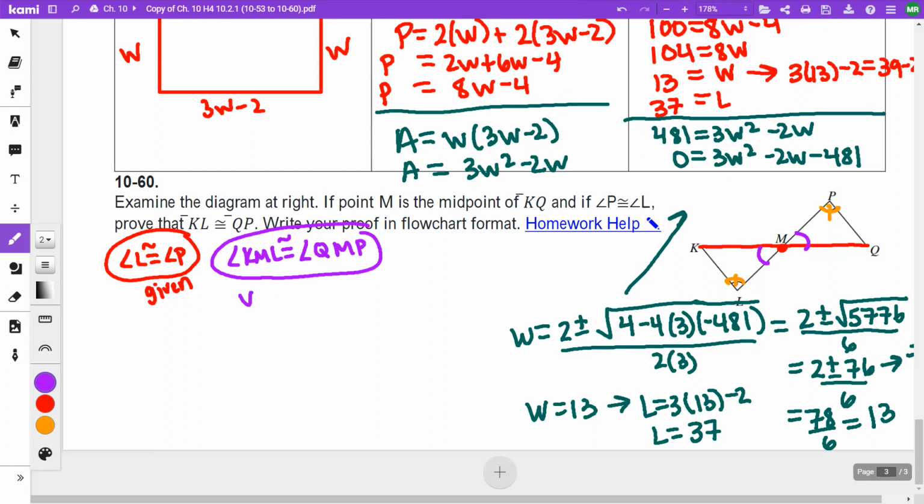Vertical angles. Now, we also know that KM is congruent to MQ. That is by definition of midpoint.